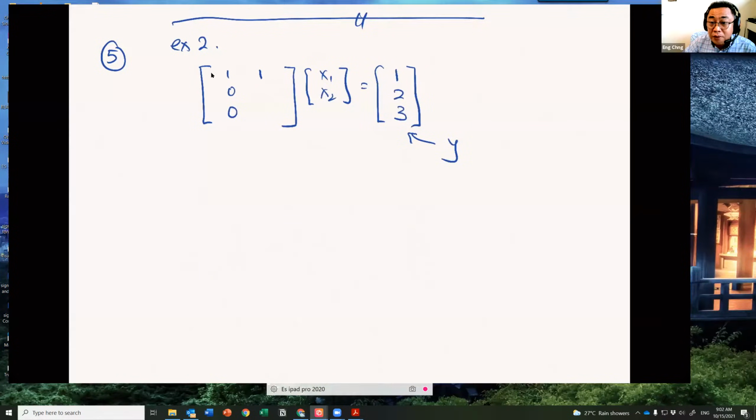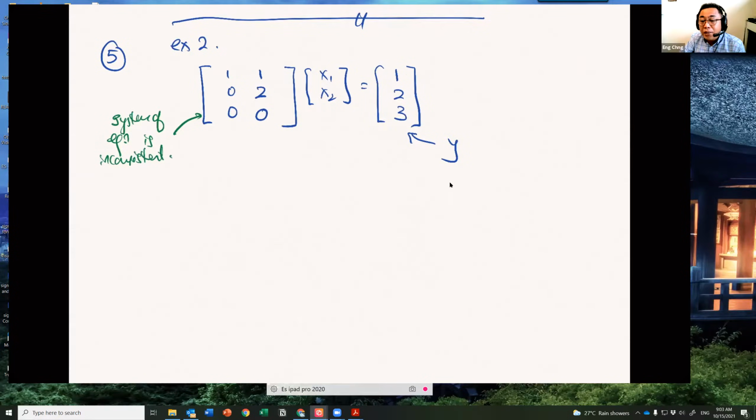Our system of equations is 1, 1, that means 1x1 plus 1x2 equals 1. The second equation is 0, 2, so 0 times x1 plus 2 times x2 is 2. And the last one, 0. So basically, again, I have given you a system of equations that is inconsistent.